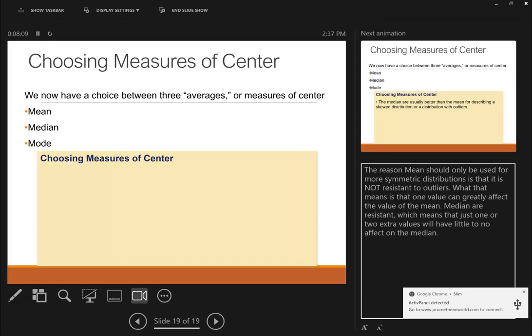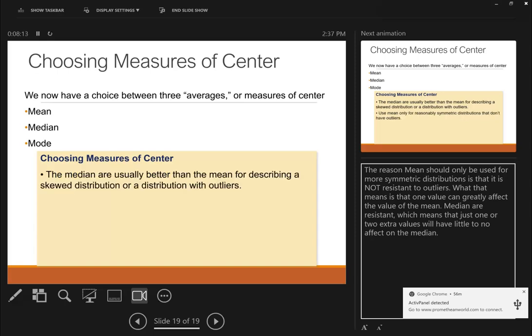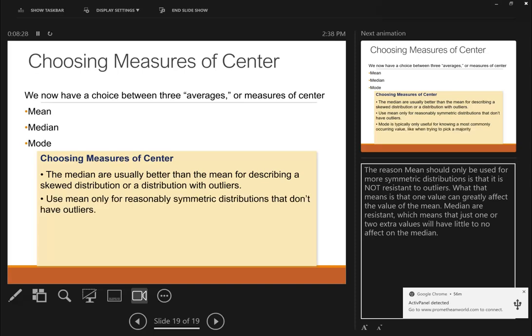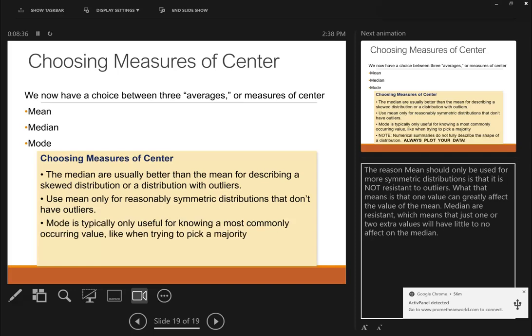All right. So we have these three measures of center. How do I know which one to use? Depends on what's being asked. Median is better for skewed distributions, because it's affected less by outliers. Mean is best for symmetric distributions, because it is much more affected by outliers.